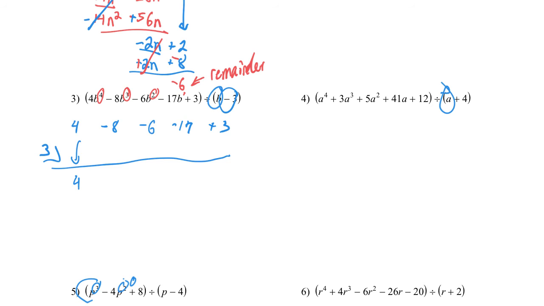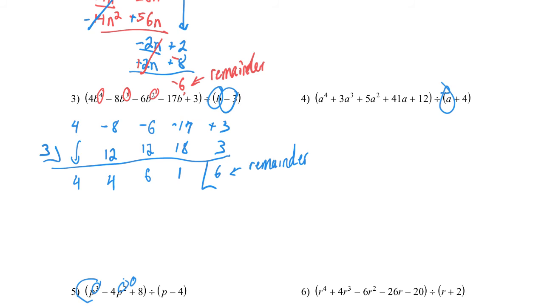So we drop down the 4, 4 times 3 is 12, put it in the next spot, negative 8 plus 12 will be 4, and multiply the 3 again. 4 times 3 is 12, add down, negative 6 plus 12 is 6, and then multiply the 6 with the 3 in the box, and keep doing the same process. Add down, we get a positive 1, 1 times 3 is 3, 3 plus 3 is 6. The last number is your remainder, and then you just need to write your polynomial.